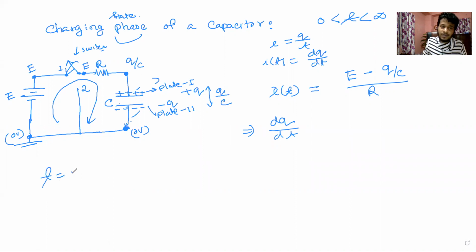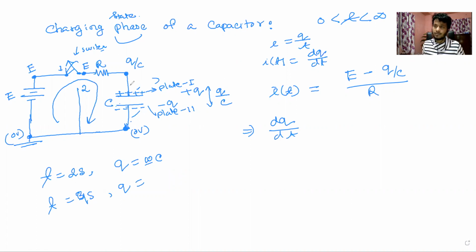Suppose at time 2 seconds, the charge was 10 coulomb. At time 4 seconds, will the charge be higher or lower than this? The charge on the capacitor plate will increase over time, isn't it?